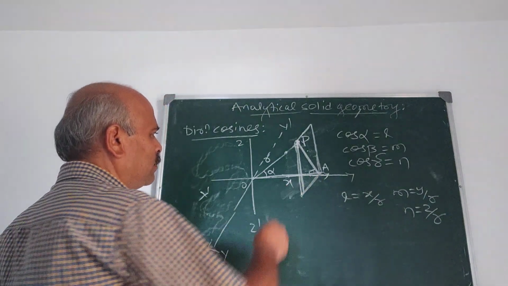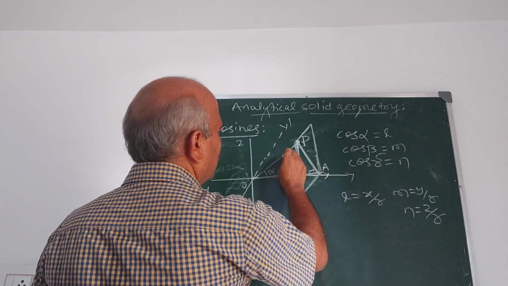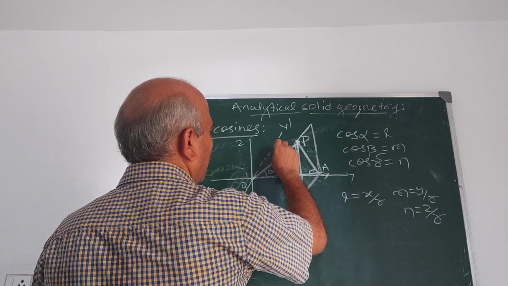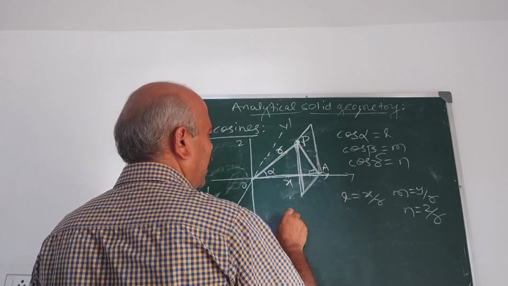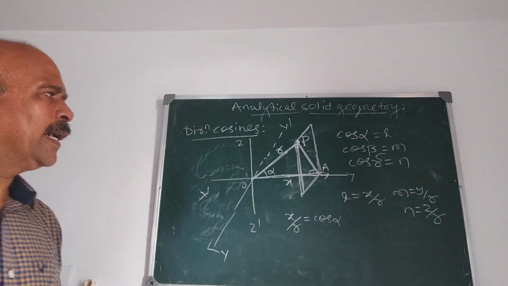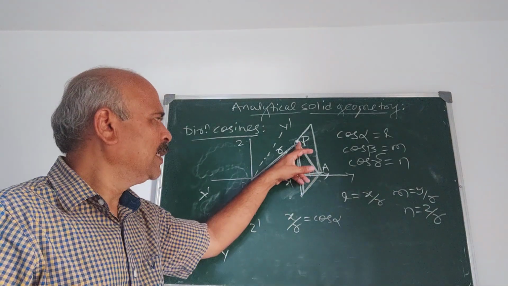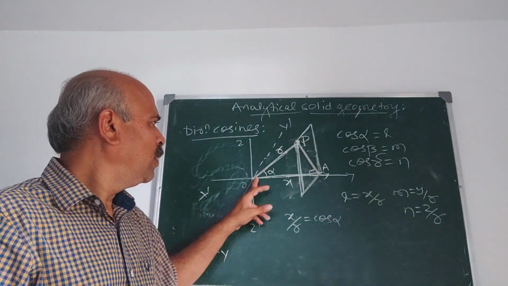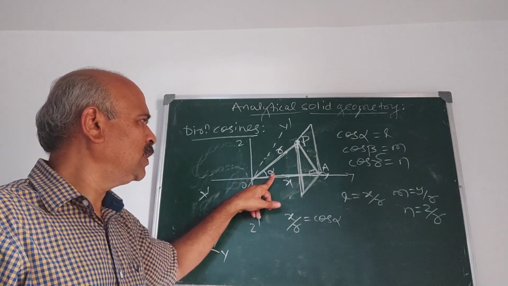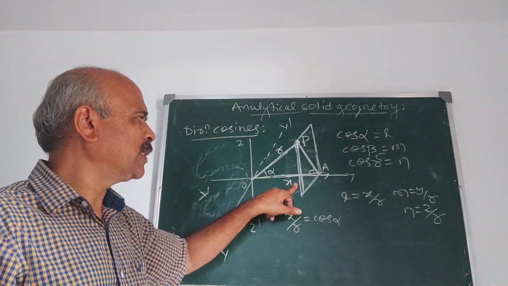X by r. This is r. X by r is cos alpha. I think this is clear now. We have taken OP equal to r, and OP makes an angle alpha with the positive x axis.